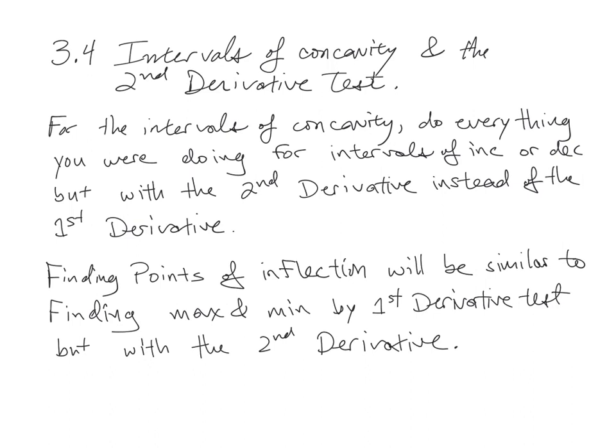When you find points of inflection, which I will define here for you in a moment, it will be very similar to finding the max and the min using the first derivative test, but you guessed it, you use the second derivative instead. So the process here is already in you from the rest of this video.